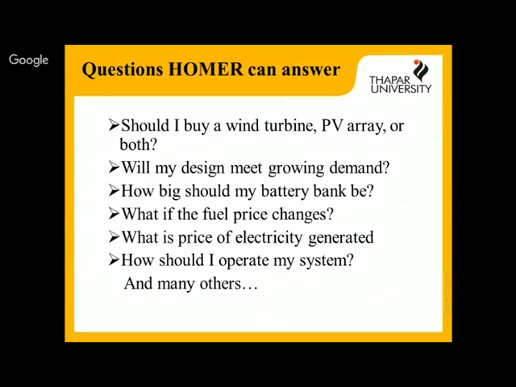Suppose you have designed a system and the solar radiation, or any parameter, changes. So what will happen? Suppose I put a DG in this system, and all of a sudden tomorrow the price of diesel changes. Like every day we have news in the evening that diesel is cut down by 2 rupees, or petrol is cut down by 1 rupee, or they are costlier by 1 rupee, 2 rupees, something like that.